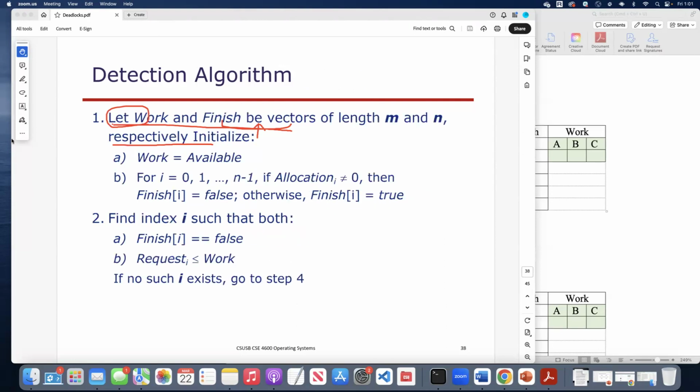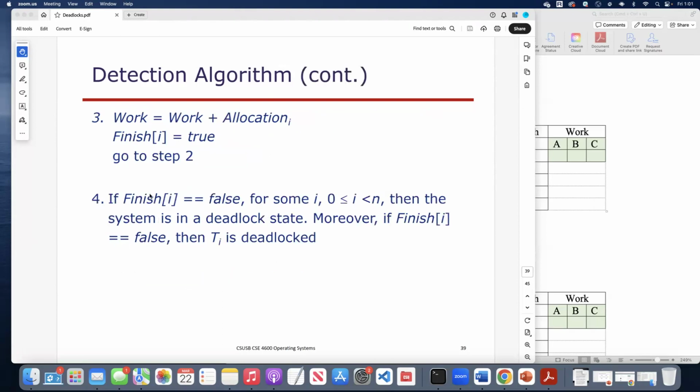Now, when there's no thread that can finish, that is, there's no unfinished thread whose request is less than work, we go to step 4. Step 4 will check for all threads whether finish is true or false.